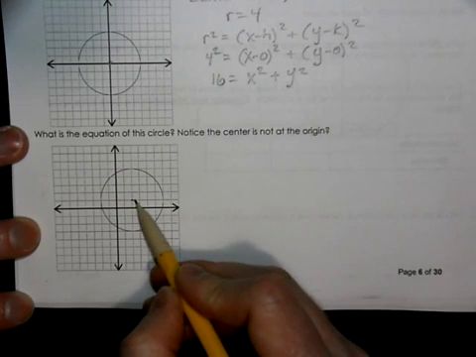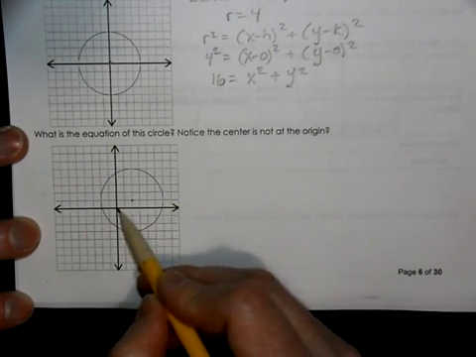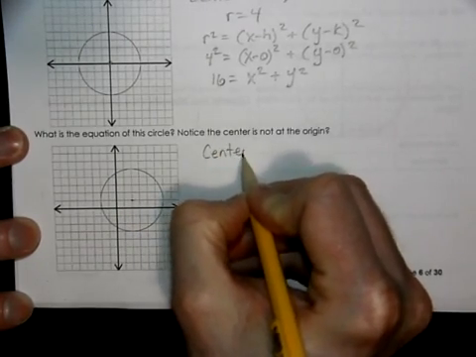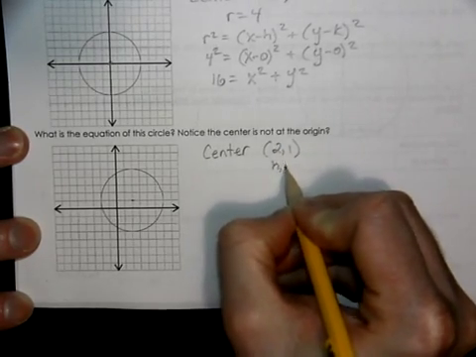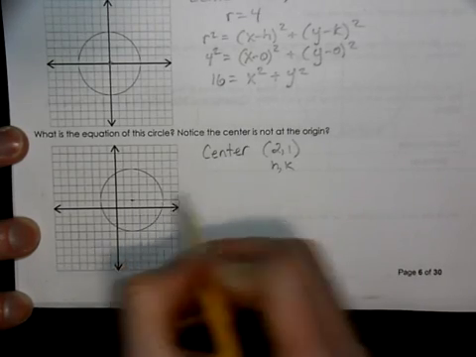Our second graph, we have a center point at a different location. We're 2 over and 1 up. So the center is at 2, 1. That is your h and k. The radius is 4.